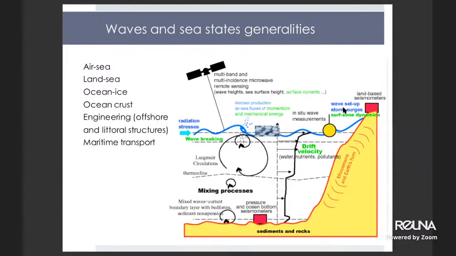Some measurements are also focused here, such as seismometers, as waves leave a signature in such measurements in the Earth crust. So yes, waves are quite important for air-sea interaction, land-sea interaction, ocean-ice interaction, ocean-crust interaction, and also important for some applications like engineering, offshore and littoral structures, and maritime transport.